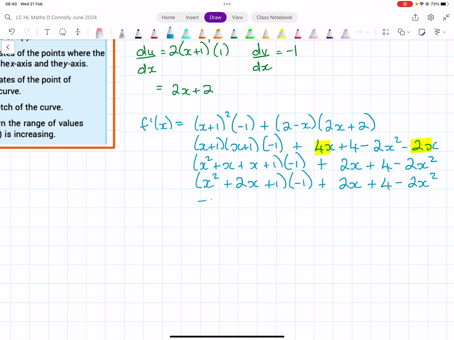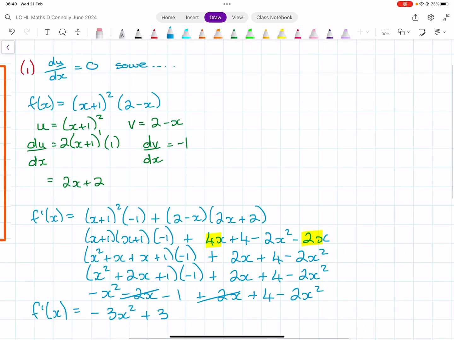And that gives us minus x squared minus 2x minus 1 plus 2x plus 4 minus 2x squared. So then we can tidy up. Minus 3x squared. Do they cancel? And plus 3.